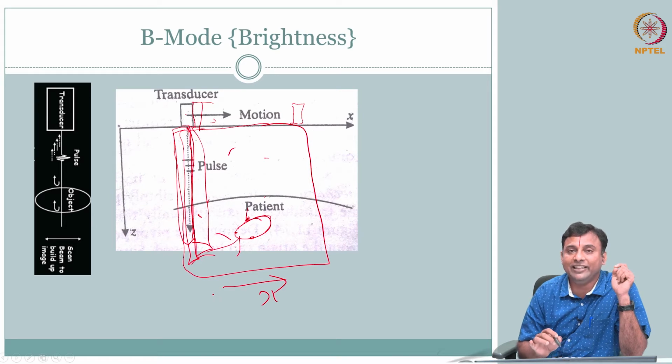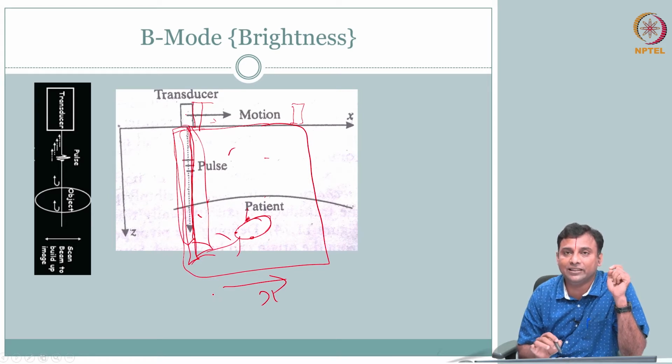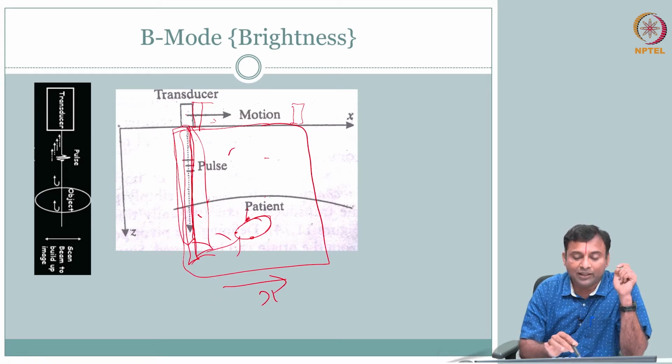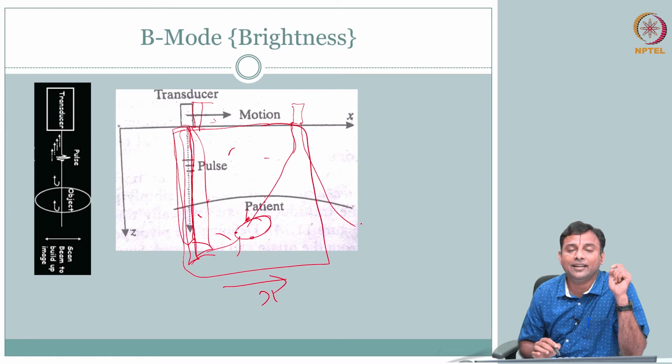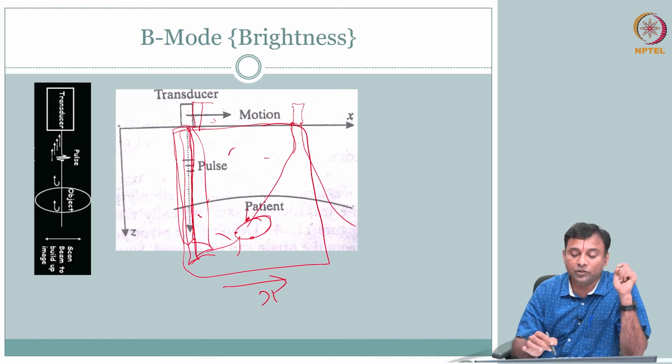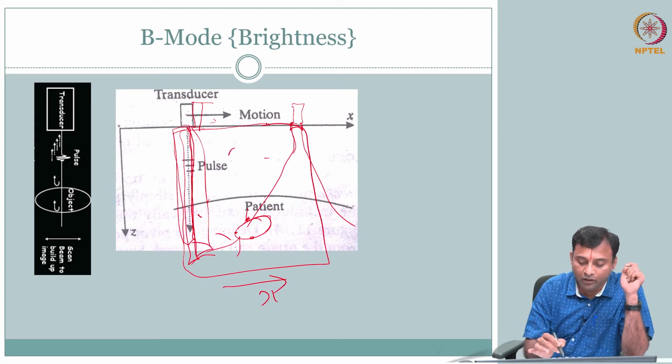But this is very simplistic. You see the challenge. When you have a transducer like this, what is going to happen? The beam pattern is going to diverge. It will start and then diverge, as we talked about. Not only that, you will say, oh, we talked about having a lens.